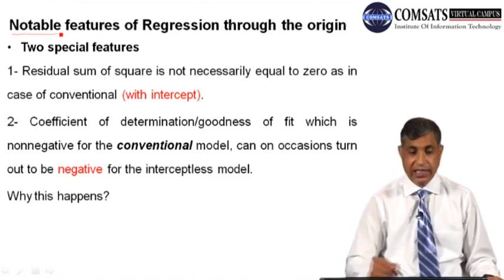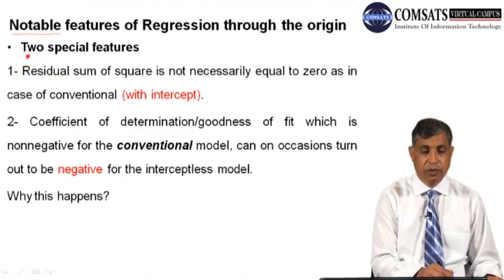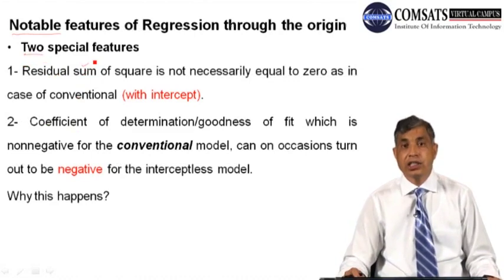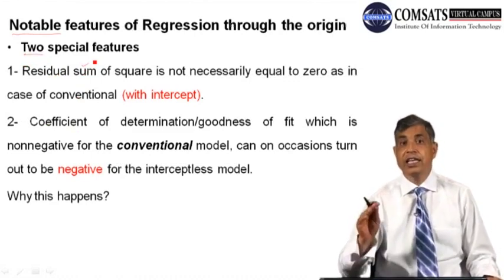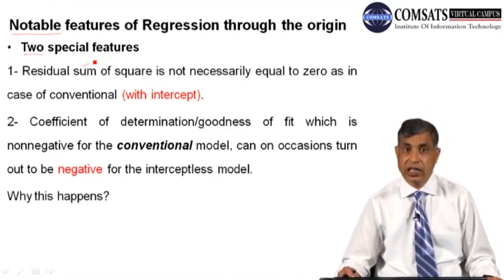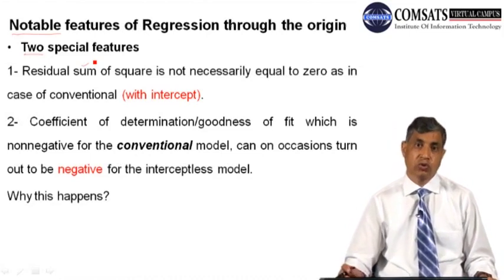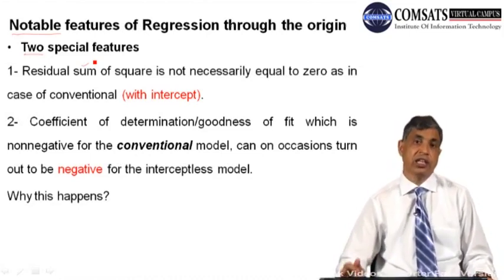It has two special features. The first: if you remember, we said that the residual sum is always equal to 0 when you run a regression that has an intercept in it.